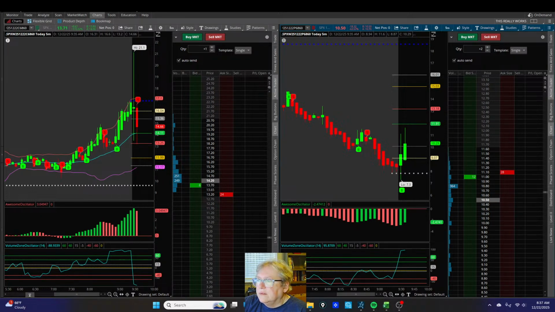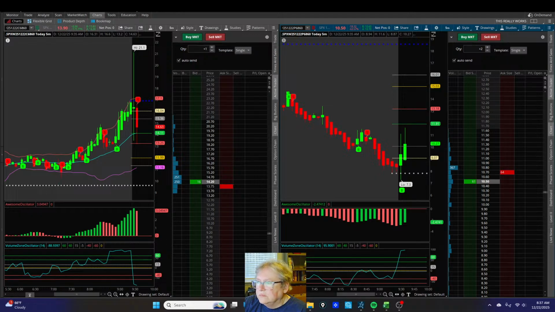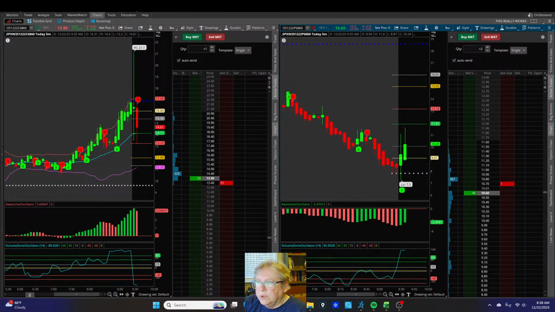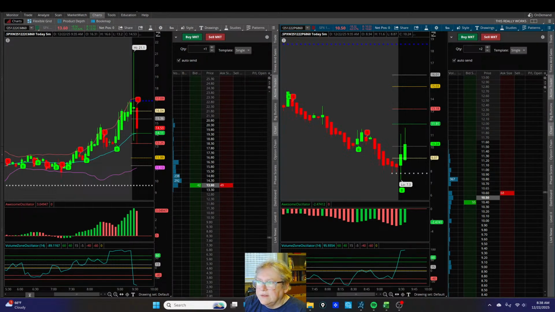A lot of selling going on here at the beginning of the market. These blue candles indicate that it is bullish right now.